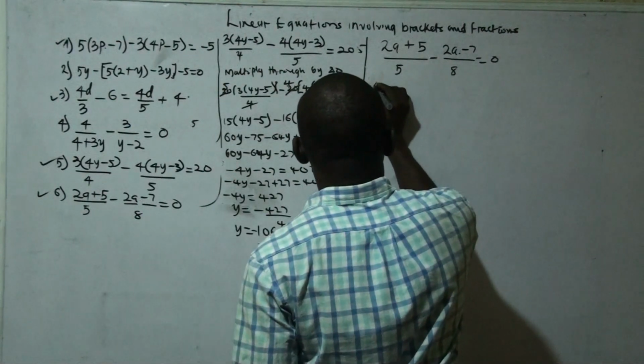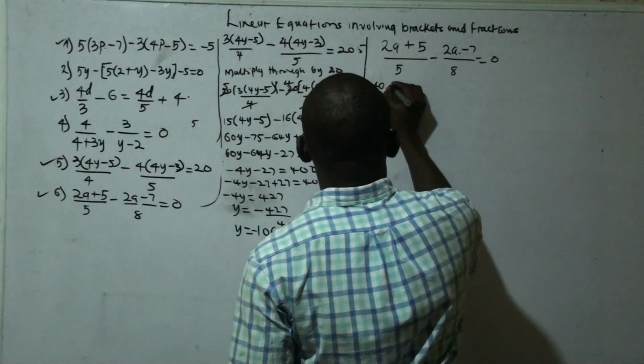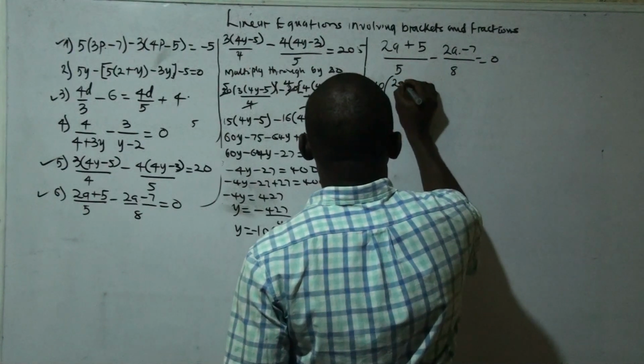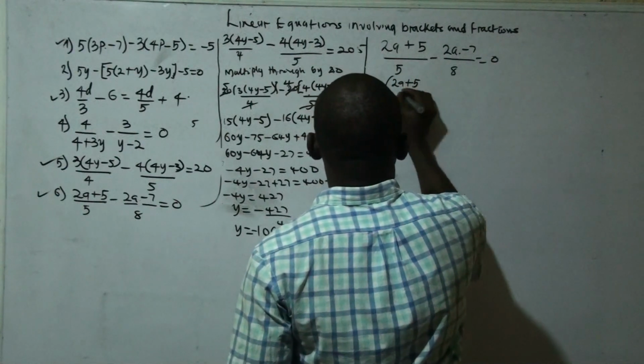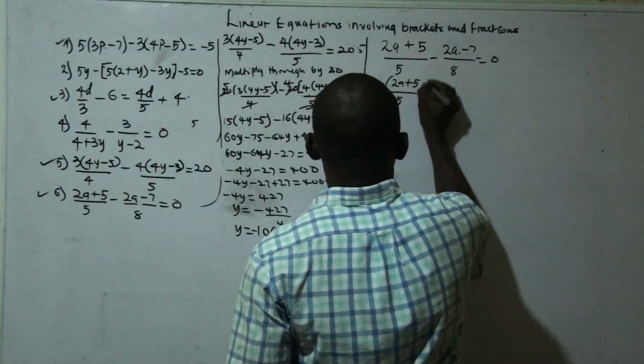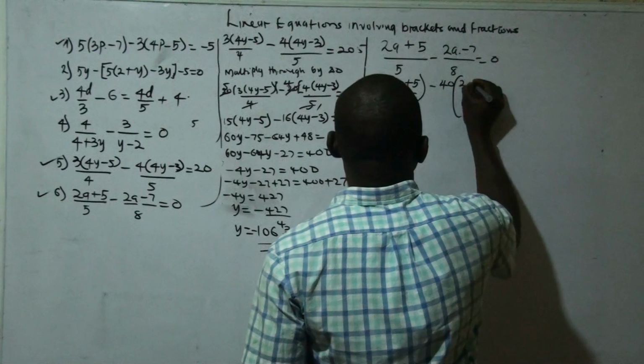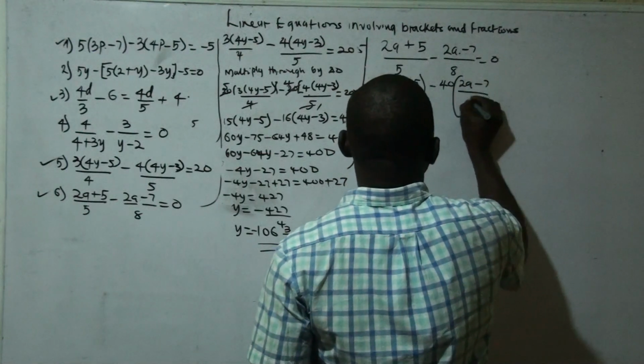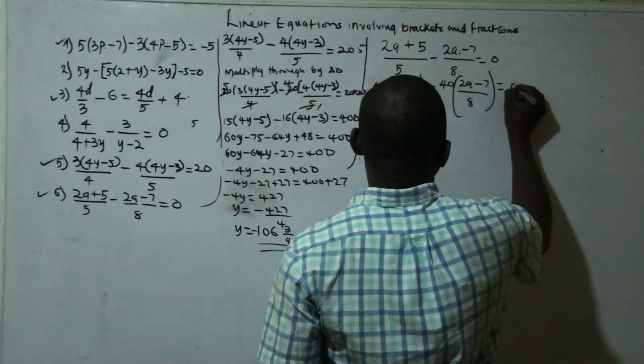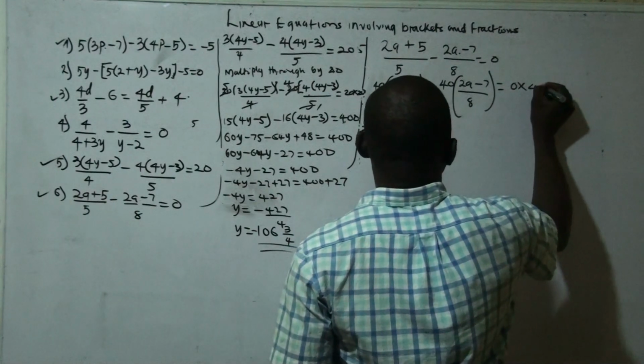So here 40 open bracket 2a plus 5 divided by 5 minus 40 open bracket 2a minus 7 all over 8 is equal to 0 times 40.